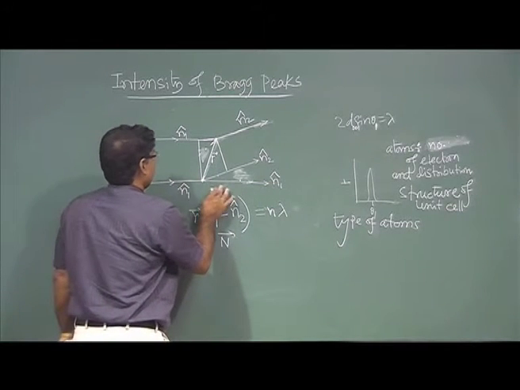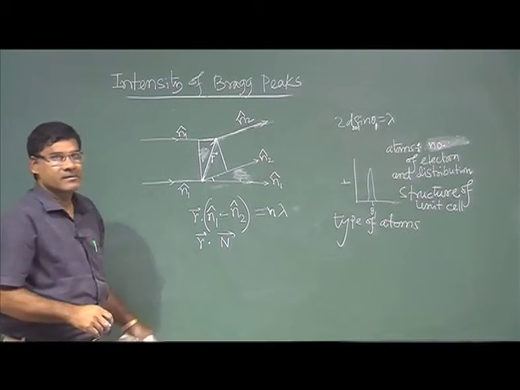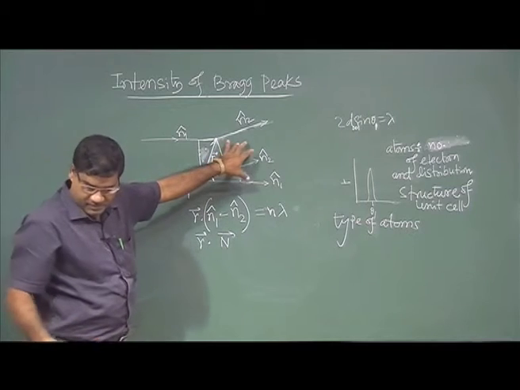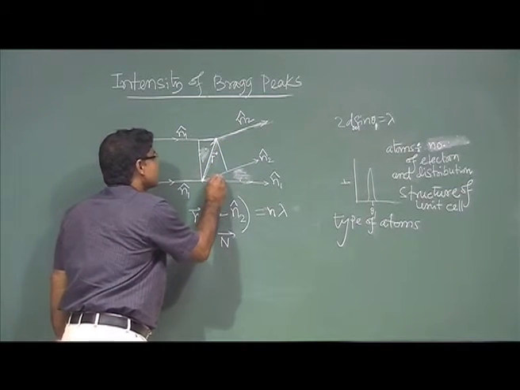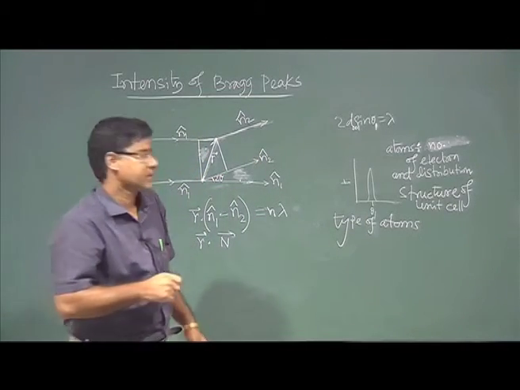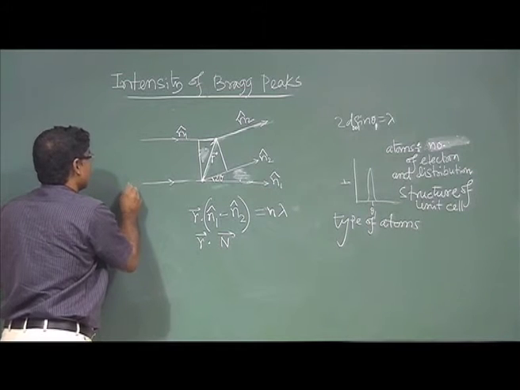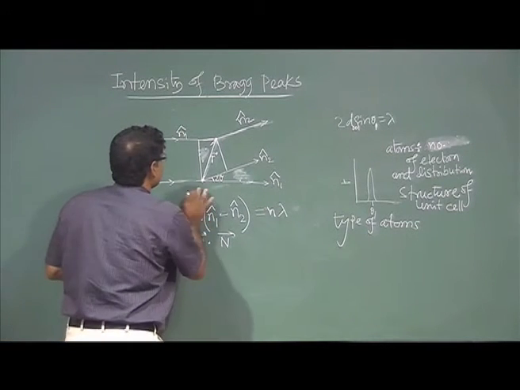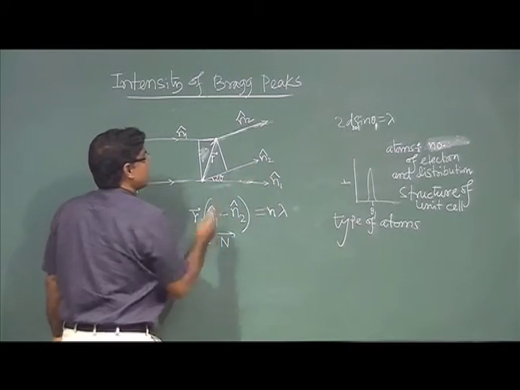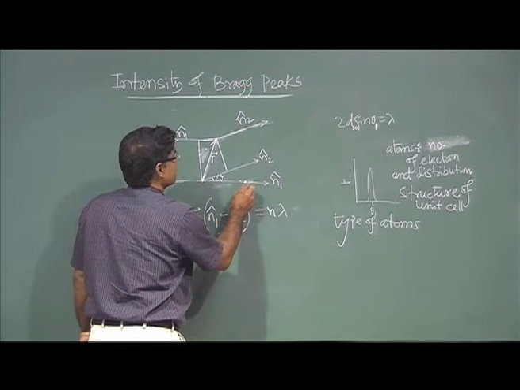When it is scattered, or if you consider it diffracted, and interferes constructively, the angle between the incident and the reflected or diffracted one is 2 theta, right. So what will be n1 and n2?